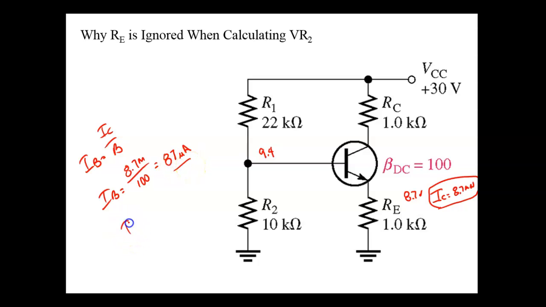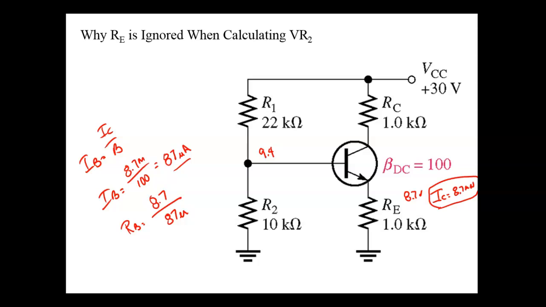So what the base is seeing is 8.7 divided by 87 microamps. So the base over there on the emitter, it sees 8.7 volts, but it doesn't see it at 8.7 milliamps. It's seeing it at 87 microamps.